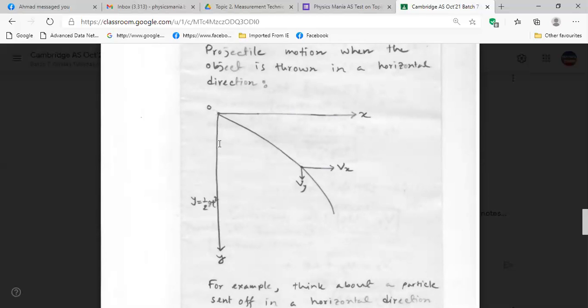And the initial velocity we always represent with u, right? So at the beginning your initial velocity is u, that has two components, one is ux, another one is uy, and after time t we have vx, vy.